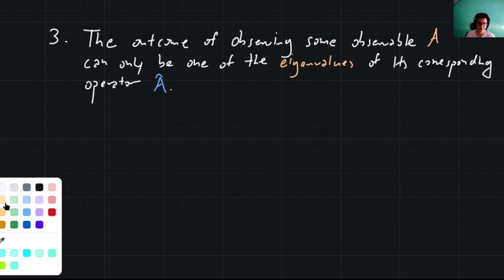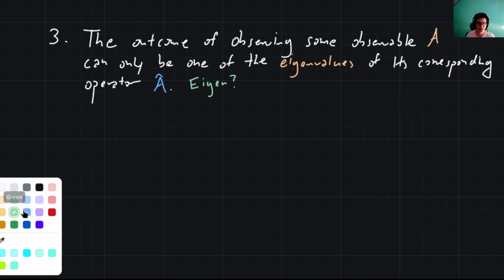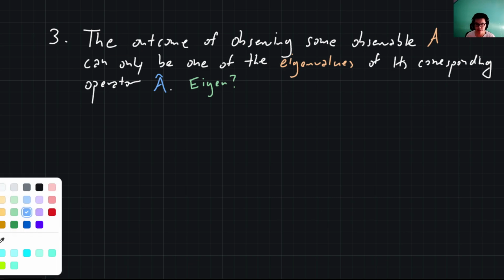So here's the thing. What is an eigen? So an eigenvalue is basically a scalar associated with a particular state, which when operated on by the operator A, only changes the coefficient. It only scalarly transforms the ket.